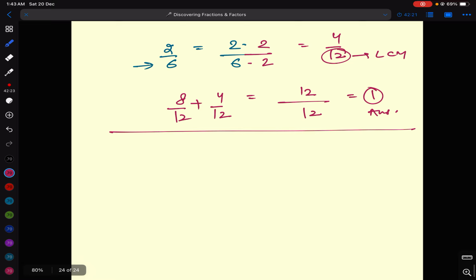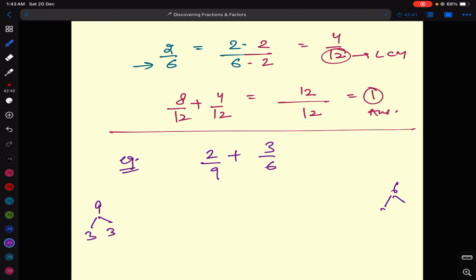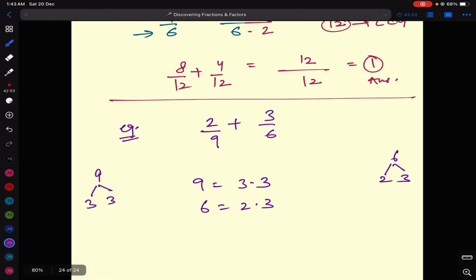We'll see one more example, which is your last example in this lesson. The example is 2 over 9 plus 3 over 6. Now here, what is the LCM? Let's see. 9 can be written as 3 times 3, and 6 can be written as 2 times 3. Now what is the least common multiple here?